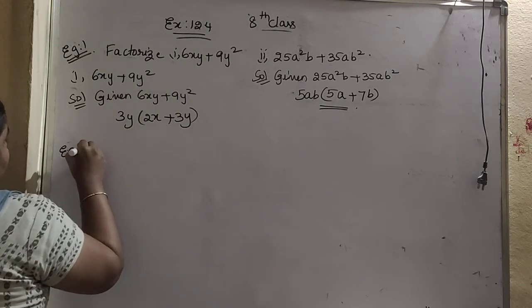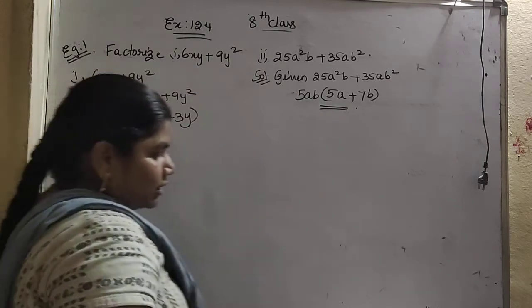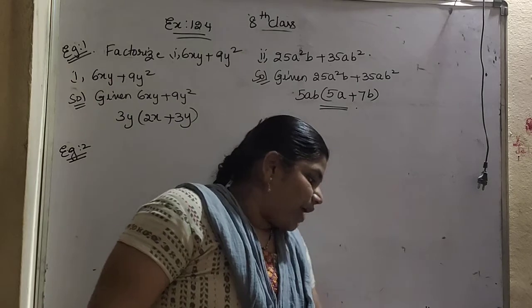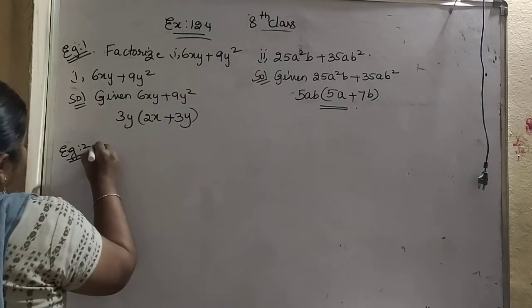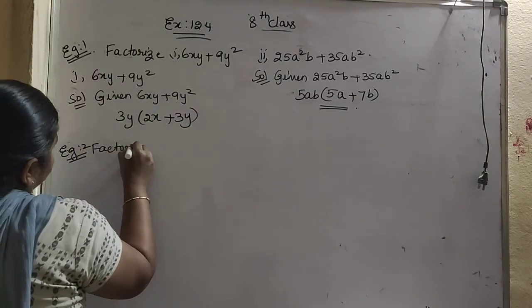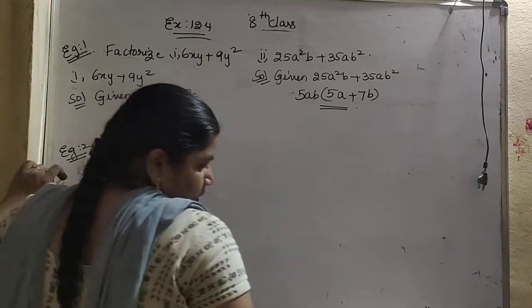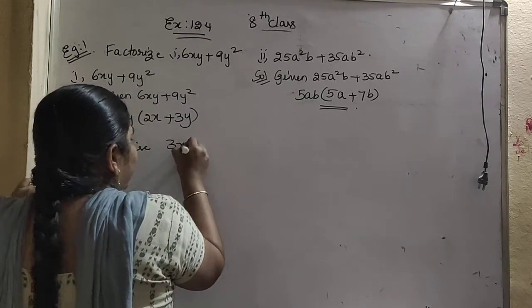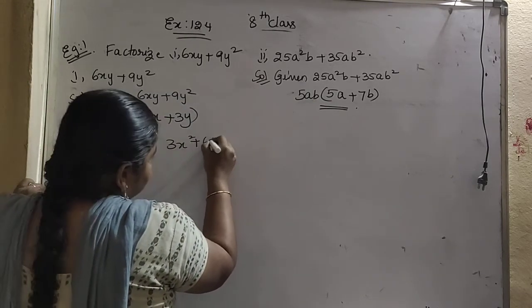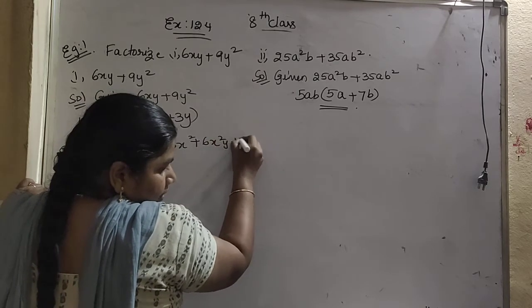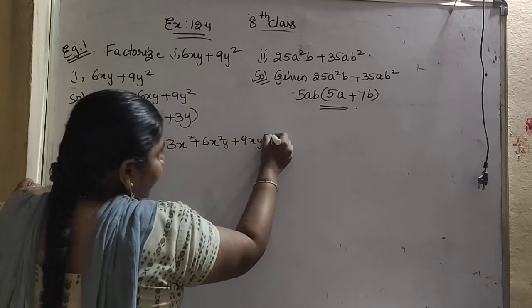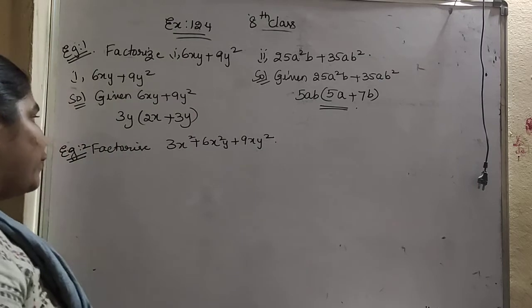Now example number 2. What is example number 2? Factorize 3x square + 6x square y + 9xy square. These terms we have to factorize.